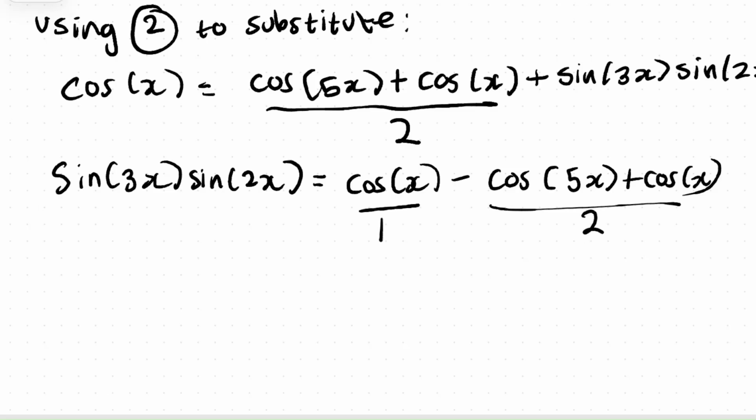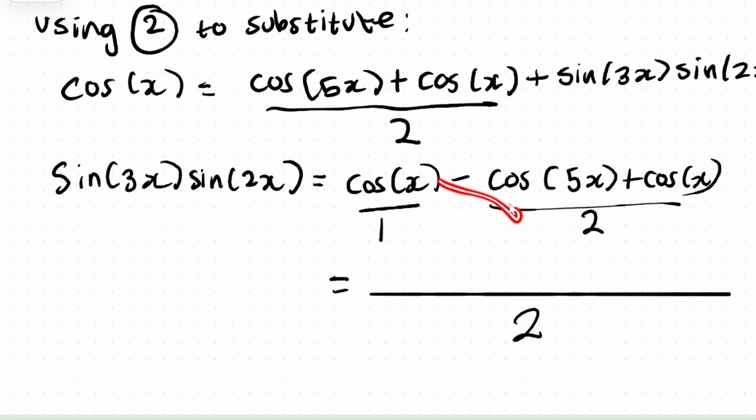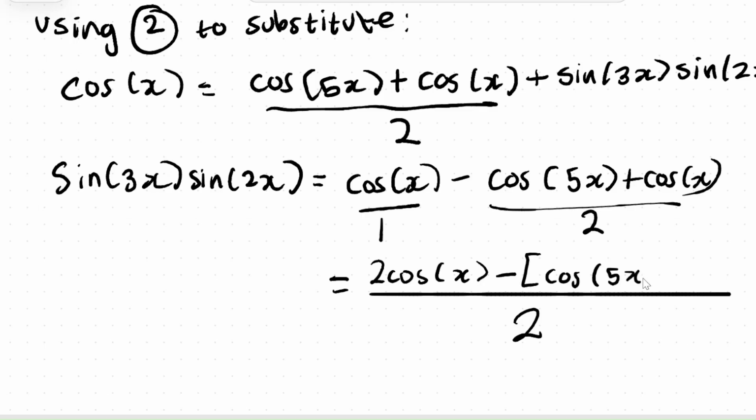We can cross multiply because we see that this is a fraction, and we want everything under the denominator of 2. So it will give us 2 multiplied by cos of x, so that would give us 2 cos of x, minus 1 times this whole term, which is cos 5 of x plus cos of x.